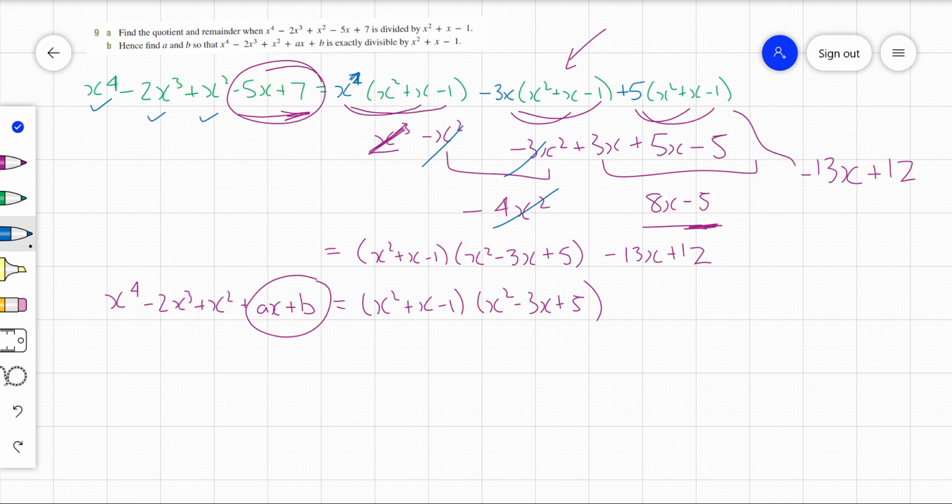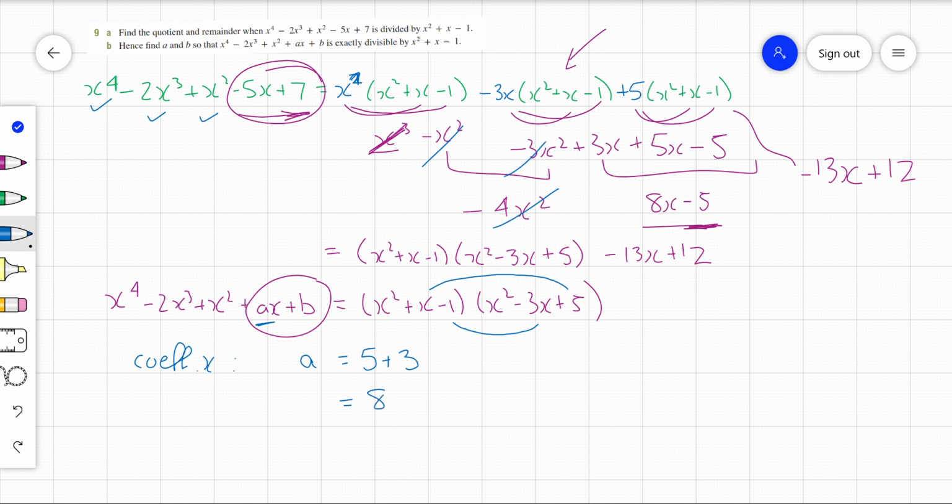So let's have a look at our coefficient of x. On the left hand side I've got a. On the right hand side, where am I getting my x's from? One of them would be 5x there, and here I would get a positive 3x. So I'm getting a 5 and a positive 3, so my a is going to be 8.